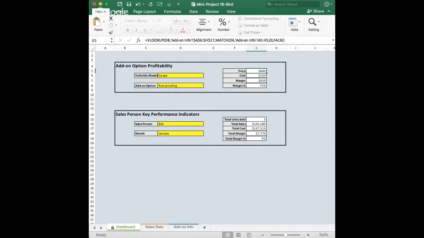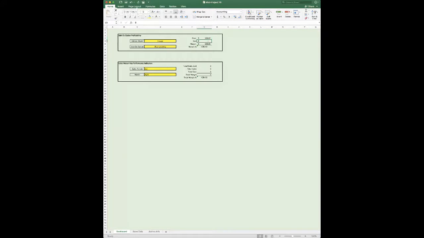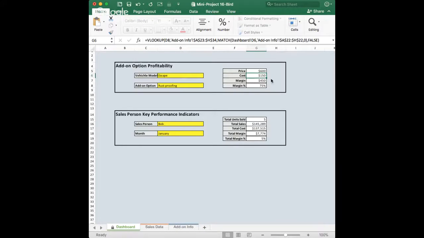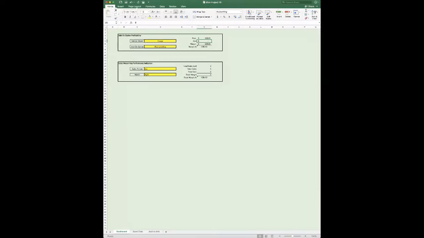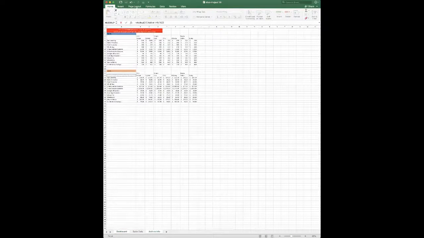Okay, so then cost is pretty much going to be the same thing, right? Yes, except you're going to be pulling off of cost down here instead. Okay, so equals the lookup. Go with rust proofing. Table array, that entire thing.